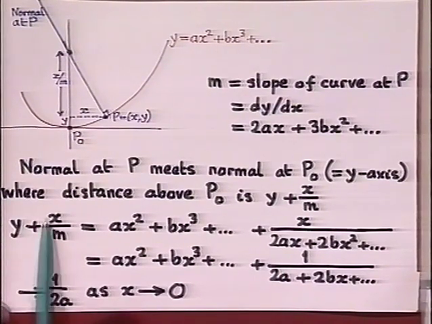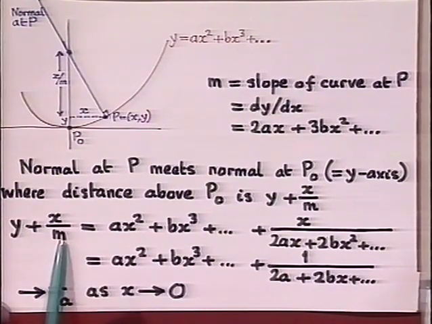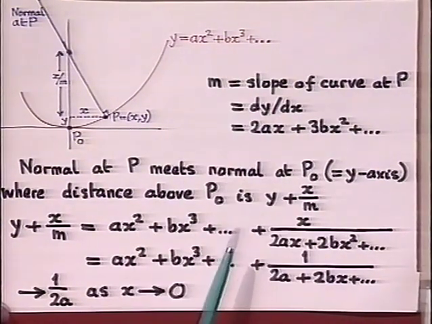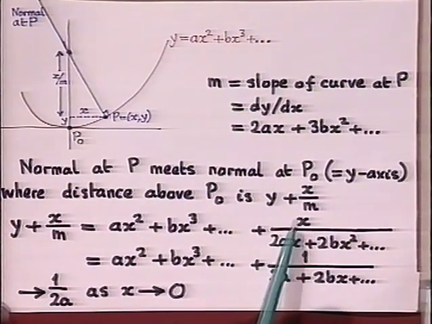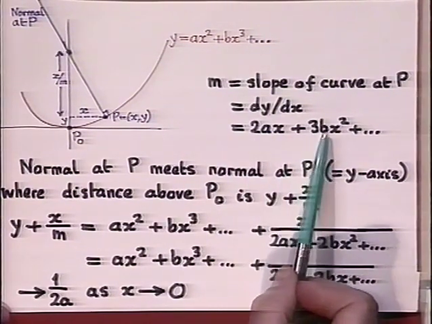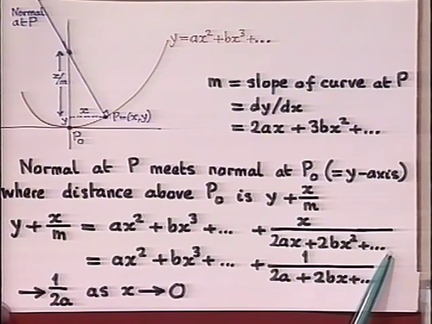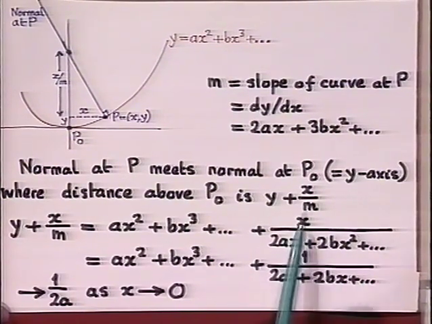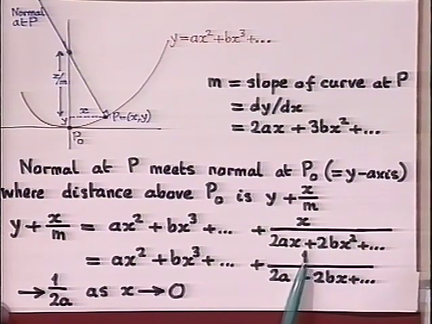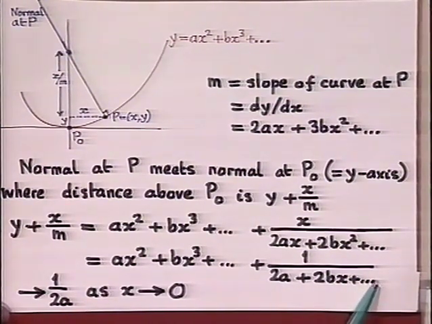So we just work out y plus x over m. y is ax squared plus bx cubed, and so on. x is just x. And m is the slope, which is 2ax plus 3bx squared, plus and so on. Now there's an x which we can cancel from here and into the denominator, giving us 1 over 2a plus 2bx, plus and so on.